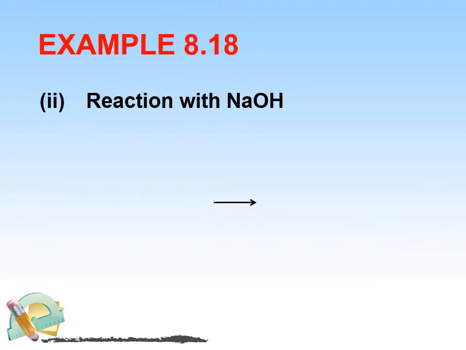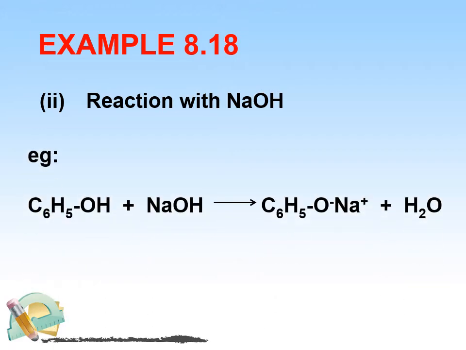Because phenol has a higher acidity than alcohol, it will react with a strong base, which is sodium hydroxide. So C6H5OH reacting with sodium hydroxide gives the same product as the previous example, C6H5ONa. Instead, it will produce a byproduct, water.